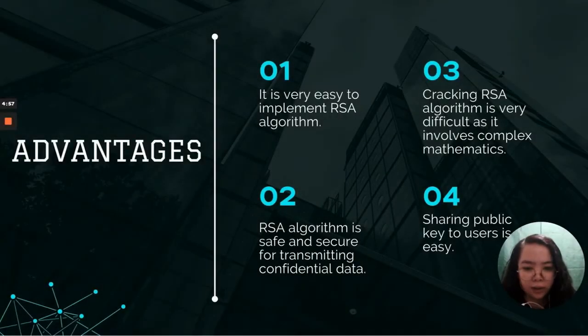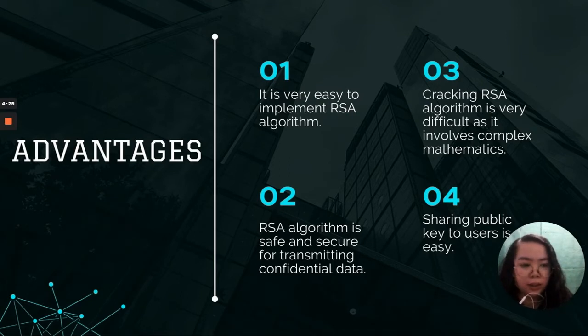These are the advantages of using the RSA algorithm. The first one is that the RSA algorithm is easy to implement because it provides a method of assuring the confidentiality, integrity, authenticity, and non-repudiation of electronic communications and data storage. The second one is that the RSA algorithm is safe and secure for transmitting confidential data since it uses complex mathematics.